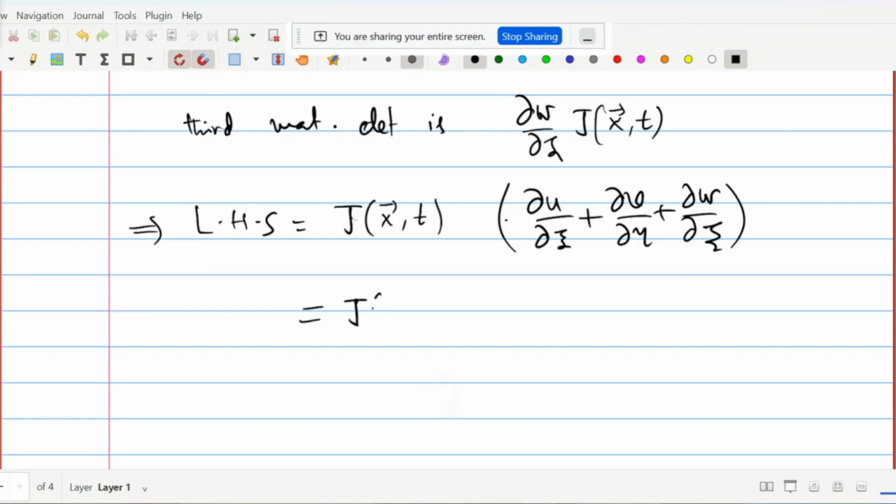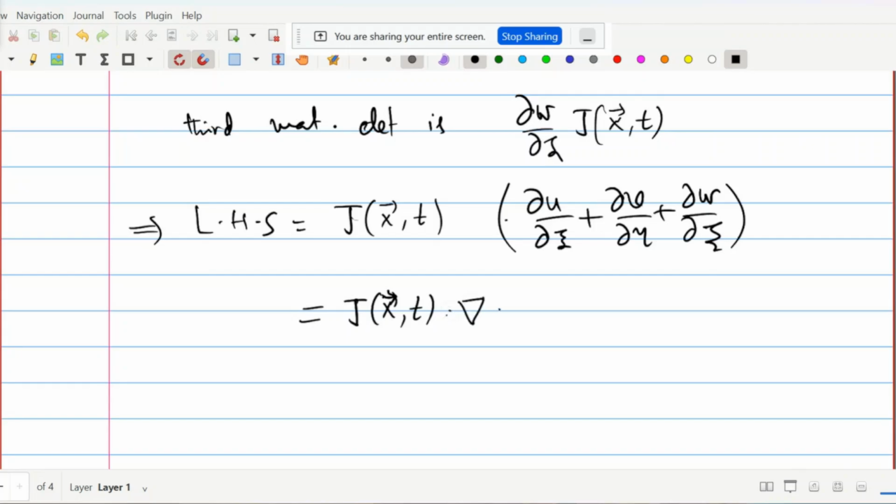You have a Jacobian that is fixed, x comma t, and this is well defined. Xi, eta and zeta are functions of fixed x, y, z and t. That is the reason we have these two variables, fixed x, y, z and t, for the Jacobian. Now this is nothing but your determinant.